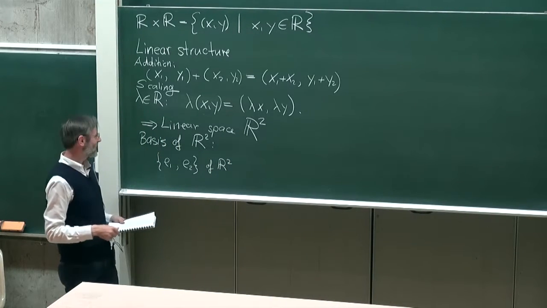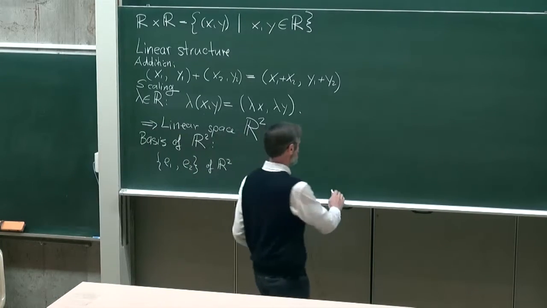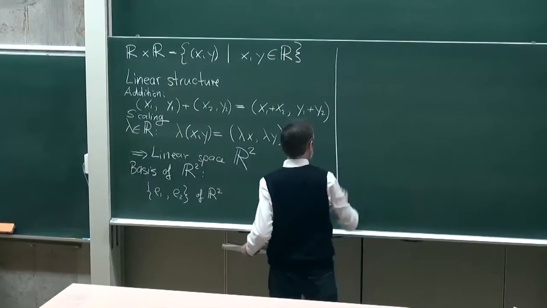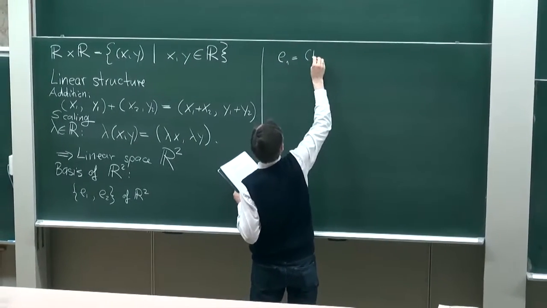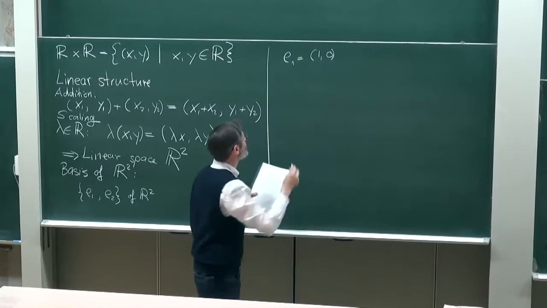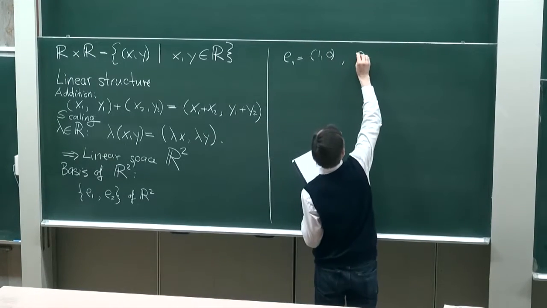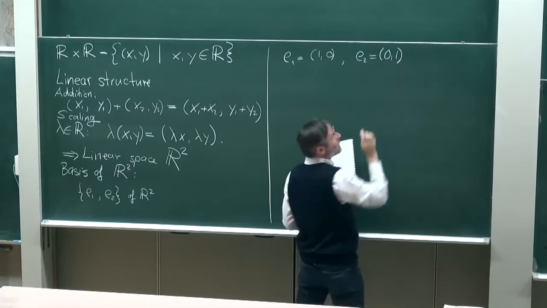And you define E1 and E2 in the following way, that E1 is simply (1, 0), and E2, as you might expect, is simply (0, 1).